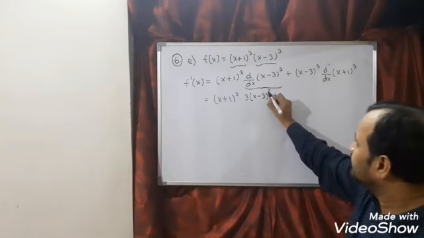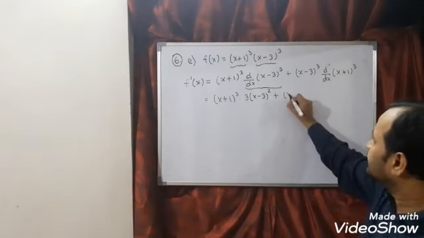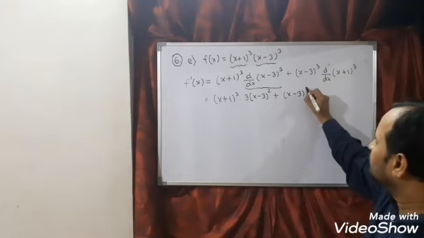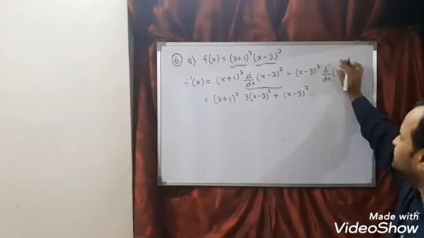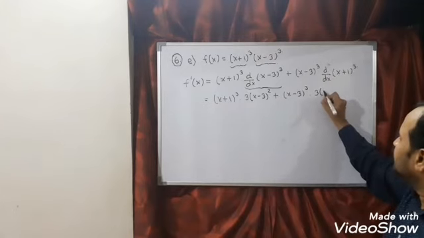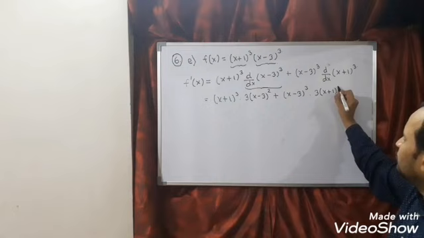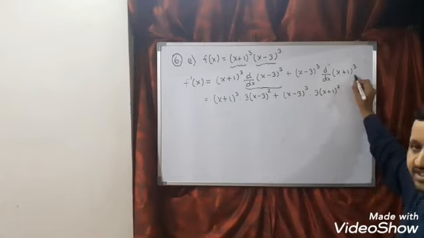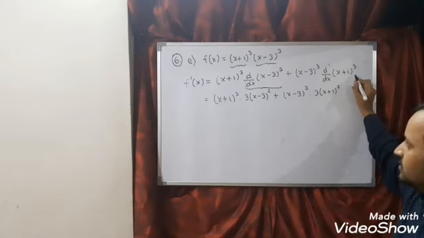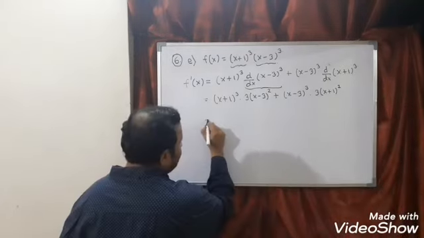So here I can say square will come. Next, here I can say x minus 3 whole cube into differentiate x cube. So x cube means what? 3 into x plus 1 whole square into differentiation of x, 1, differentiation of 1, 0. So tell me something, can we take common?